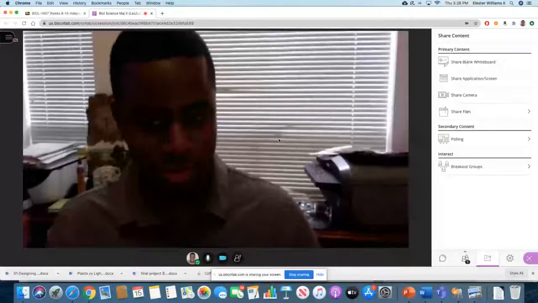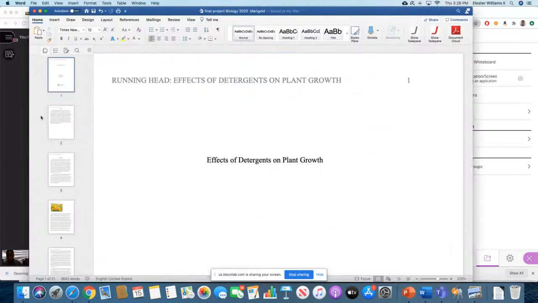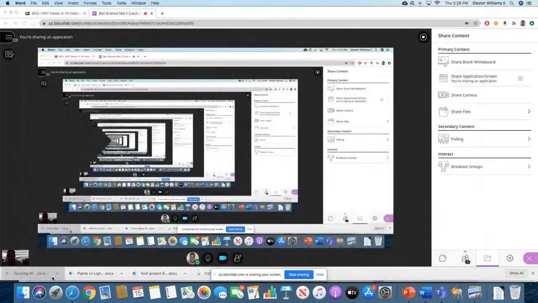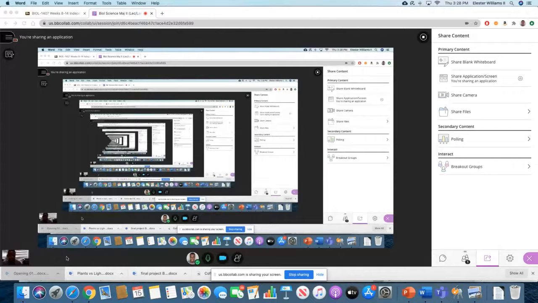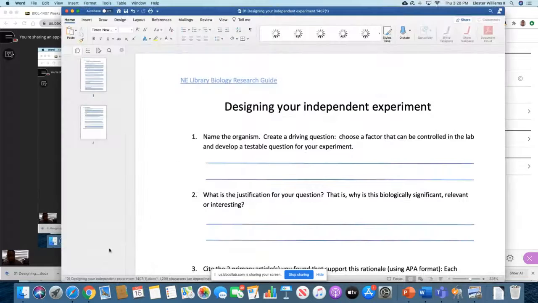It's going to look a little bit weird for a second, but should clear up once I open up this file type. Just give it a minute, and here we go.